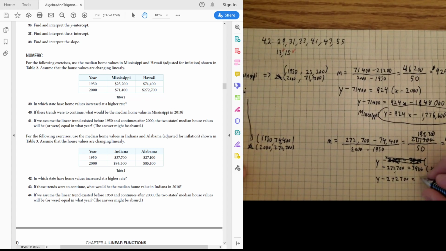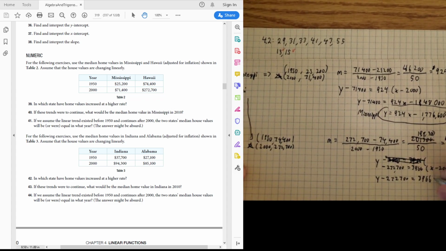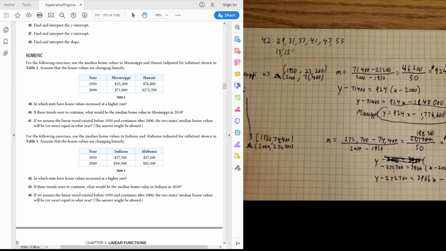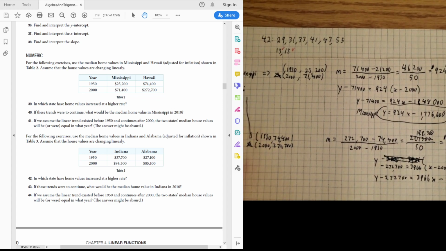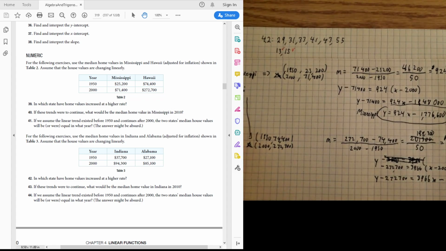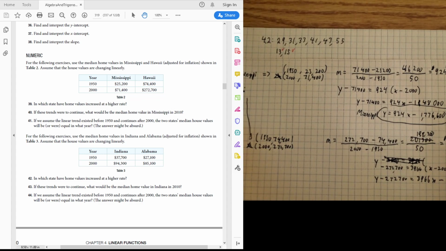Equals, okay, so 3966x using the distributive property, then take that times 2000. Wow, that's a big number. 7,932,000.